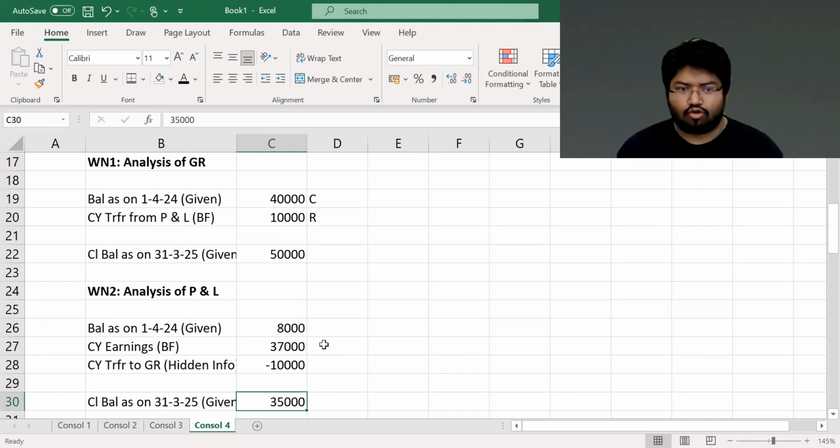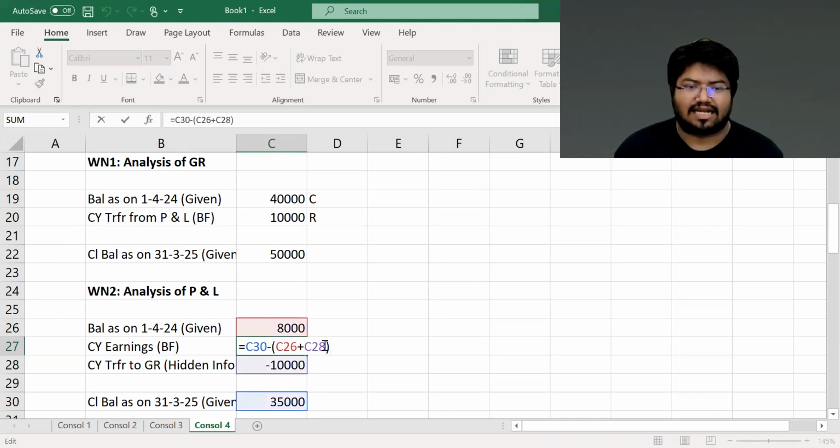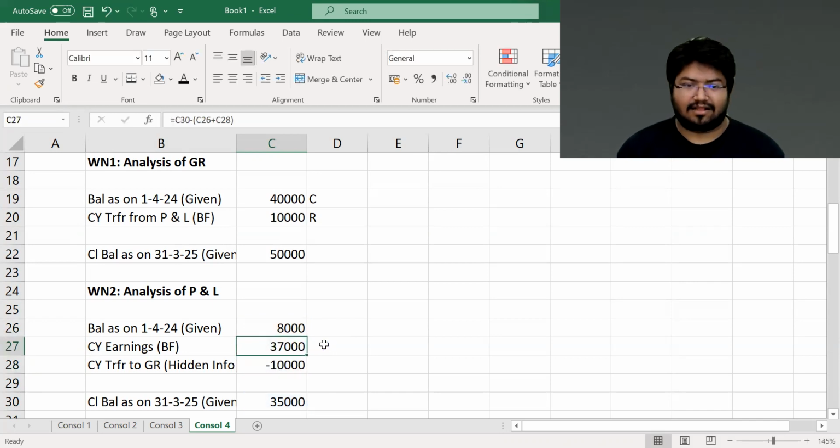So how do I calculate this balancing figure? Balancing figure is basically 35,000 minus net off of 8,000 and 10,000. Is that clear? Yes, sir. So this is your balancing figure.